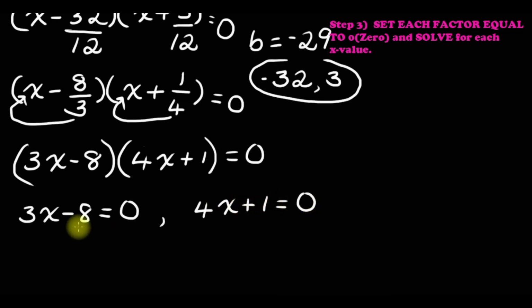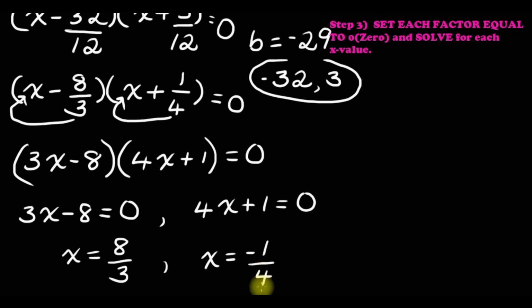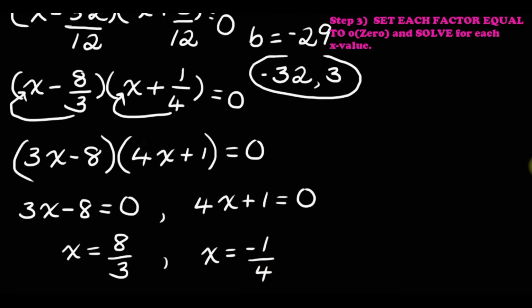Then we solve this one by adding 8, divide by 3, so we get positive 8 over 3. And this one, we minus 1, divided by 4. So what is that? Well, that is negative 1 over 4. So those are the two values for x.